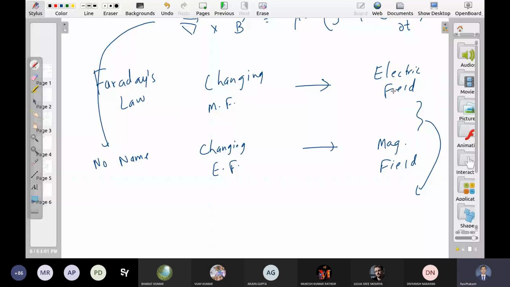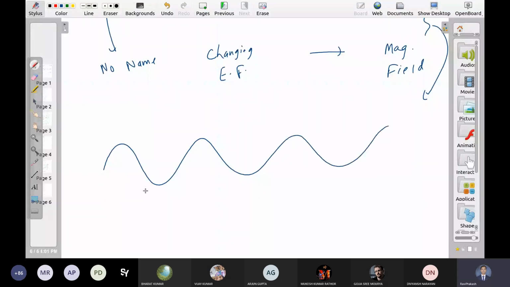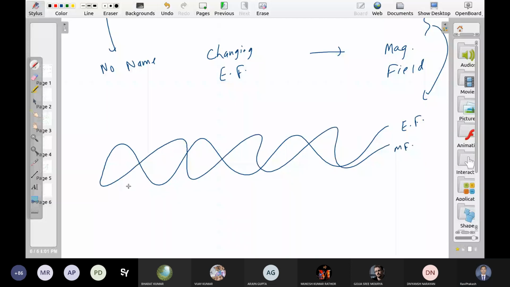So these two fields produce each other. जो आप कहते हैं कि electromagnetic waves travel in vacuum, how can it be possible? This is electric field. This is magnetic field. They can travel millions of kilometers without any problem.